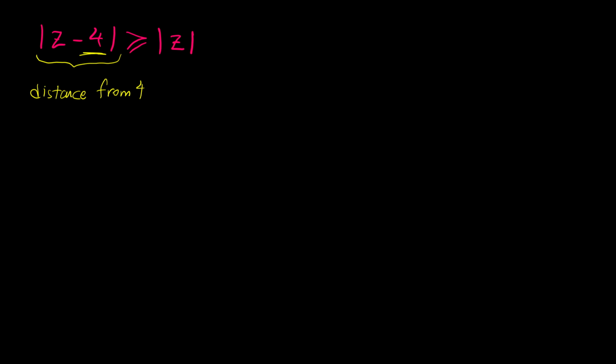So we are looking for points whose distance from 4 is greater than their distance from origin, because we don't have any minus anything, just absolute of z. So absolute of z or modulus of z is the distance from origin. So we are looking for all points z such that their distance from 4 is bigger than their distance from origin.